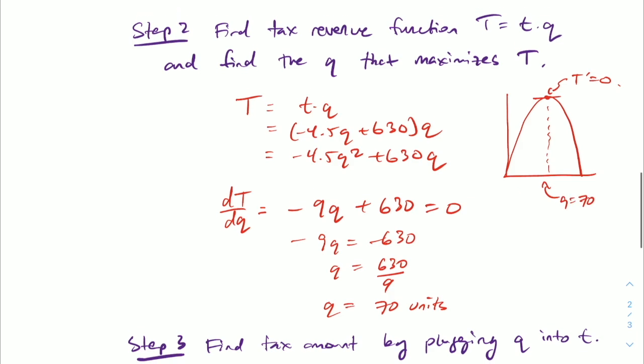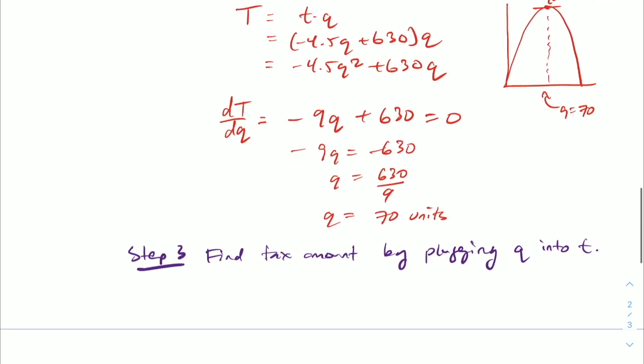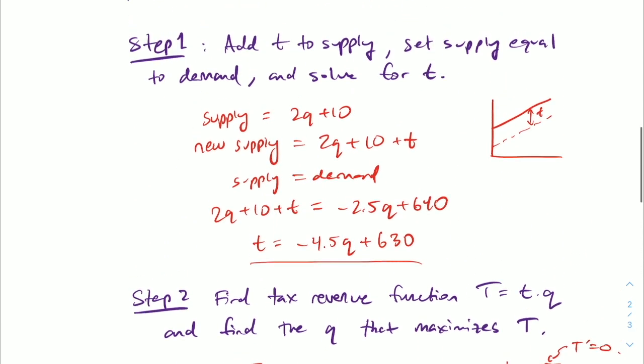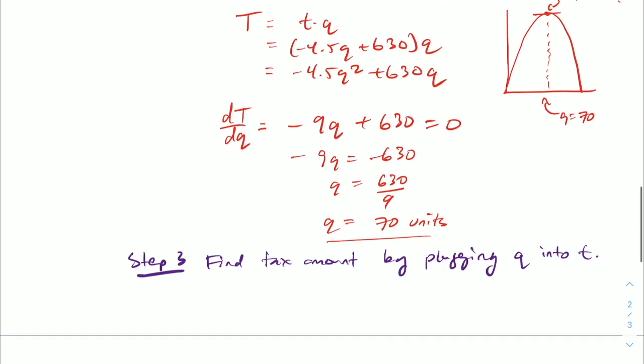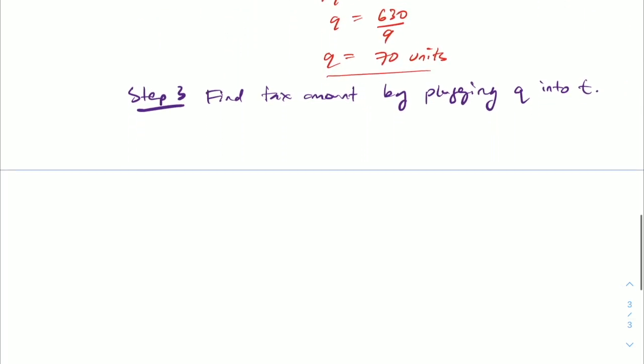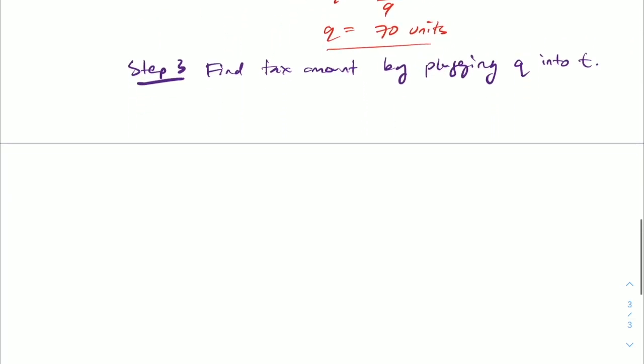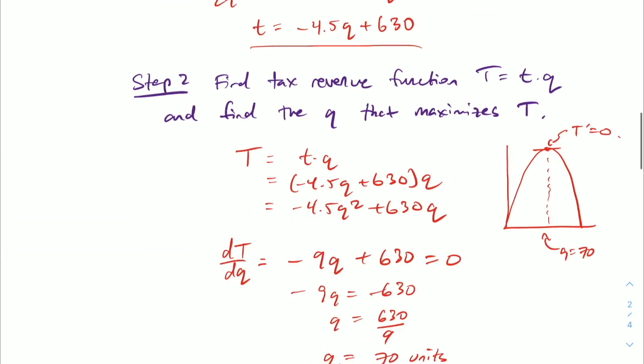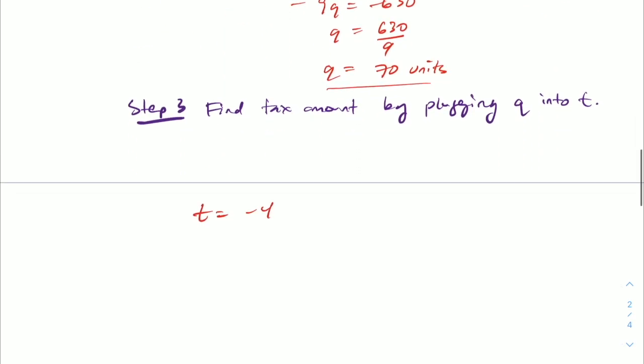And now, in our last step, we want to find the tax amount corresponding to this number of units. So we have this t function from step 1. If we want to take our Q and put it into the t function to find how much we should set our tax amount. So t is, copying it from above, negative 4.5Q plus 630.